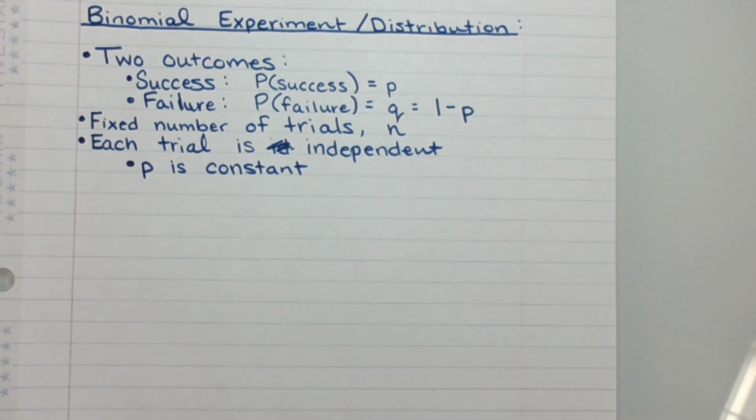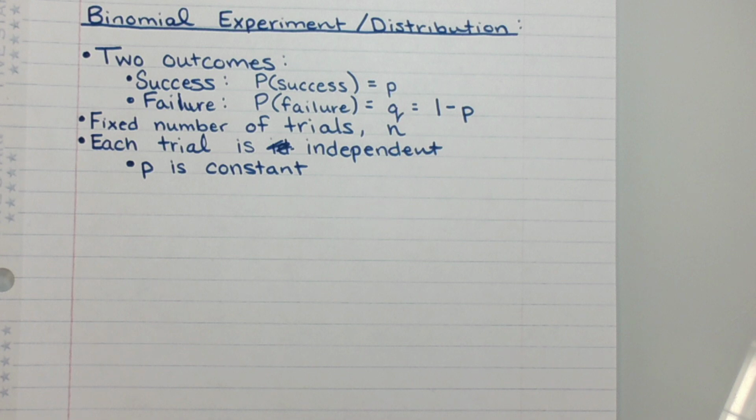If you have situations where you're talking about things like drawing cards out of a deck of cards, if you all of a sudden draw out a card and it's the ace of spades, and let's say you're looking for the probability of drawing a bunch of aces, so success would be drawing an ace, failure would be drawing anything else. You pull out that card, and if you don't put that card back, your probability of drawing an ace has now changed, which means p would not be constant.